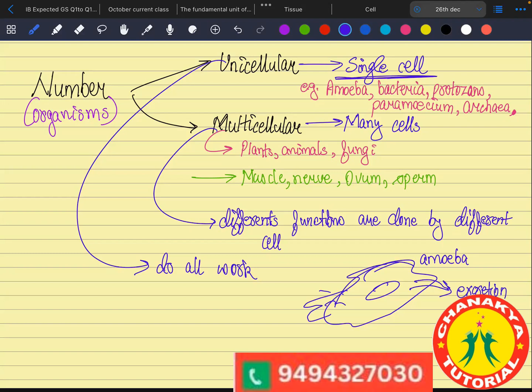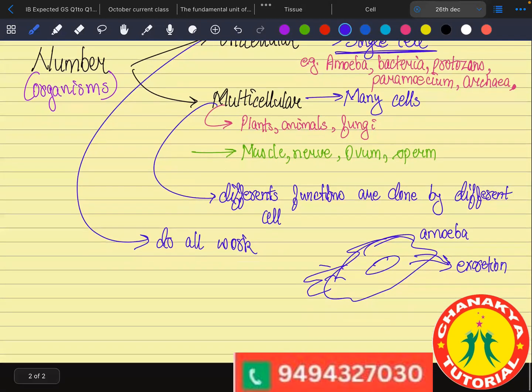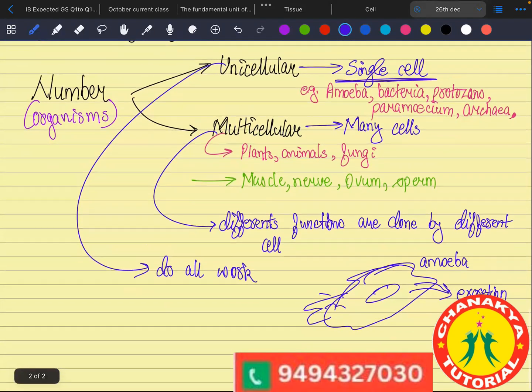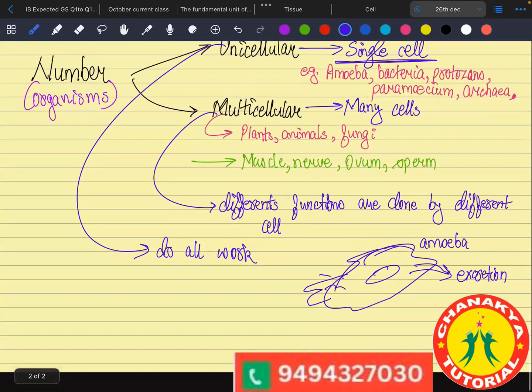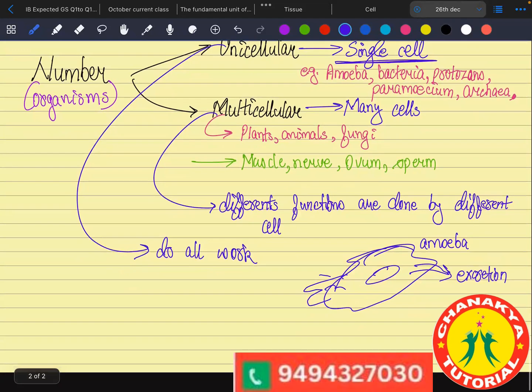Whereas we as humans eat with the help of our mouth, which contains different types of cells. And there is also the space for excretion, which is made up of different cells. So we have different types of cells, each doing a specified work, whereas a unicellular organism is like a bachelor, like I told you about myself, that I do the cleaning, make my food, wash my clothes, study also.